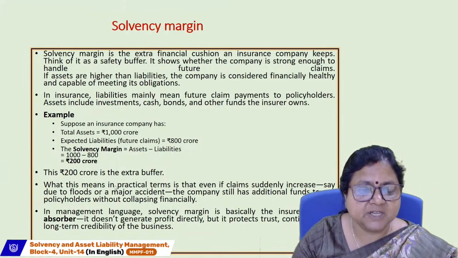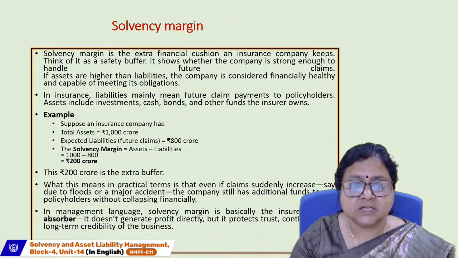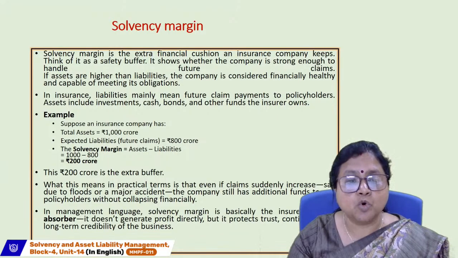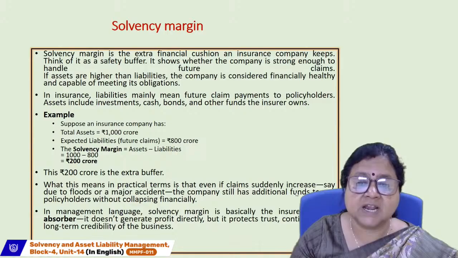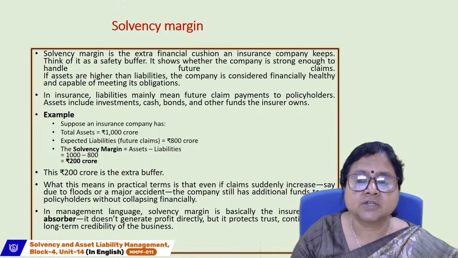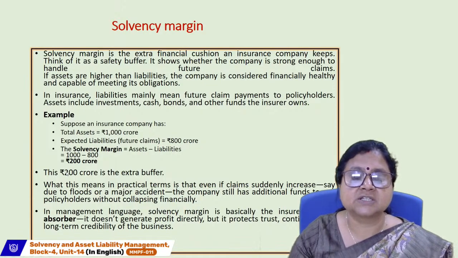What this means in practical terms is that even if claims suddenly increase beyond 800 crore, the company still has additional funds to pay the policyholders without collapsing financially. In management language, the solvency margin is basically the insurer's shock absorber. So this 200 crore is treated as a shock absorber.